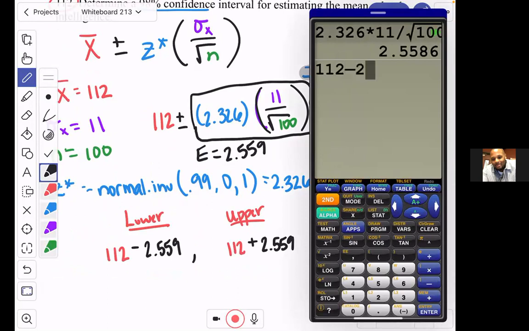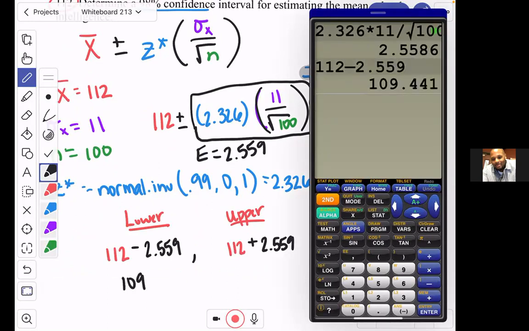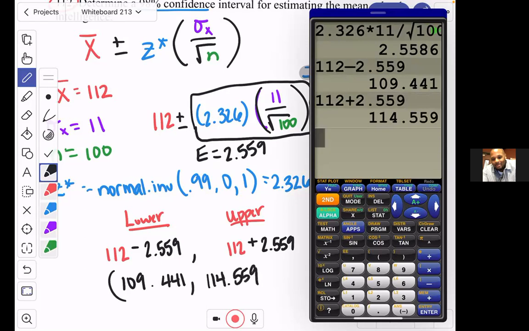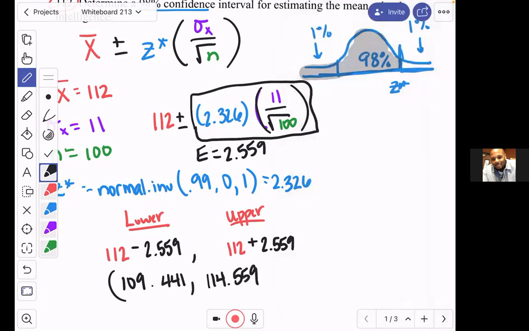So 112 minus 2.559, I get 109.441. That's the lower bound. 112 plus 2.559 is 114.559. So there are your lower and upper bounds based off of the by hand calculations.